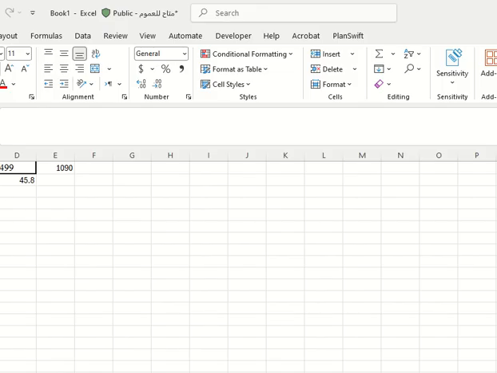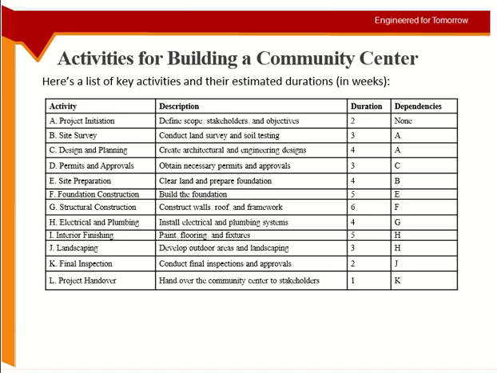I will not write the full name. You can see the definition and the scope, and I would advise you to go through this table later on so you can see the dependencies.